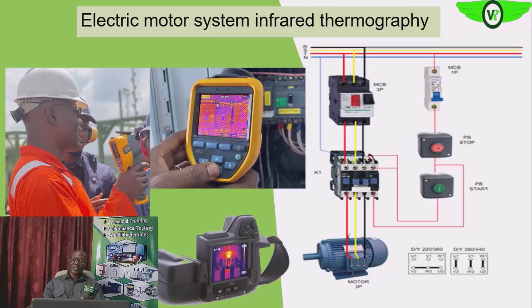So this infrared energy that is coming out will now be converted into a visible form that will make sense to us. Like we said, since we have resistances on the line, heat will be generated during normal operation because current will flow through. So we have the normal heating level. On the thermogram, we have what is normal for all of these components, including the electric motor, as we will see later.